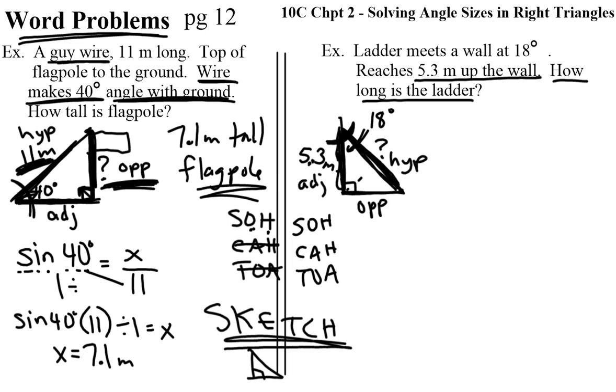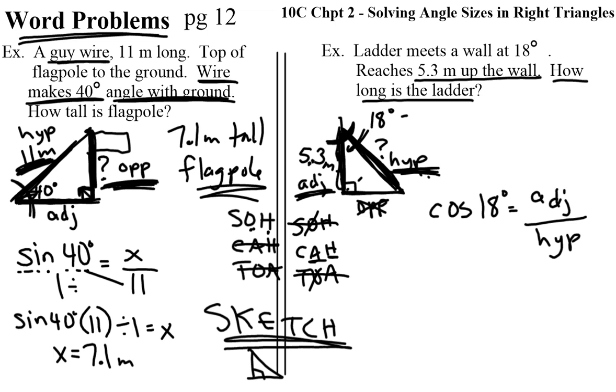Which side is of no use to us? Well, we're trying to find the hypotenuse. We know the adjacent. Opposite's not doing anything. So the hypotenuse and adjacent, there you go. We don't have opposite, so that's no use to us. So we're doing cosine of our reference angle, 18 degrees, adjacent over hypotenuse. Cosine of 18, adjacent is 5.3 over the hypotenuse, which is what we're trying to find.